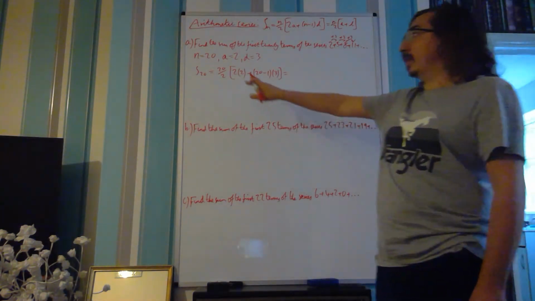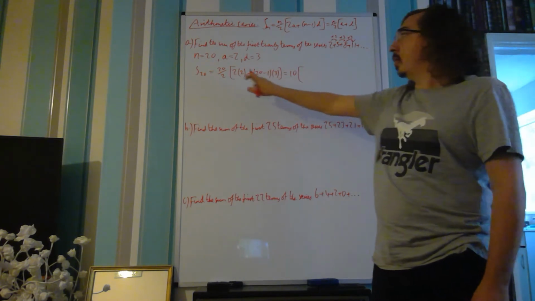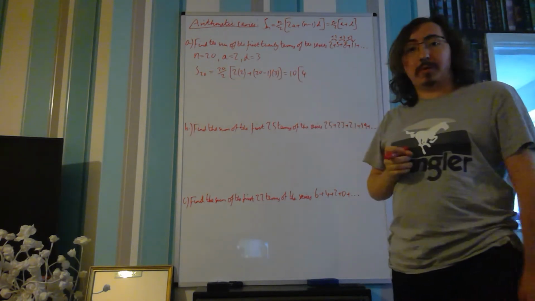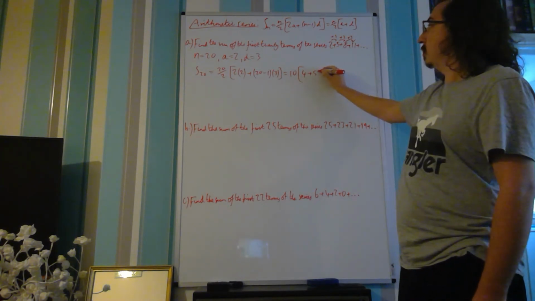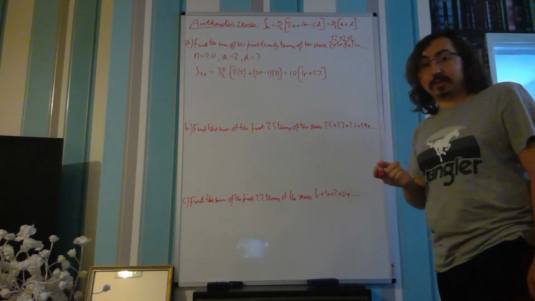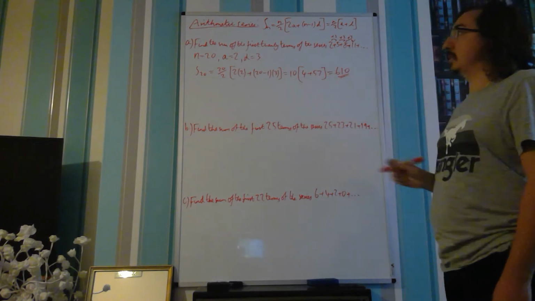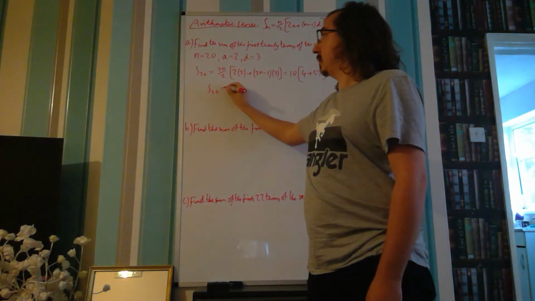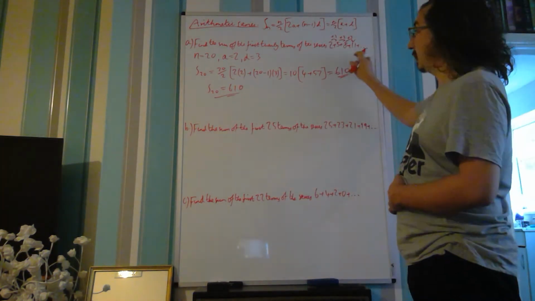So let's simplify this a little bit. 20 over 2 is 10. 2 times 2 is 4. 20 minus 1 is 19, times that by 3, so we're going to add 57. 4 plus 57 is 61, times that by 10 gets us 610. So our sum of the first 20 terms is 610 for this series.